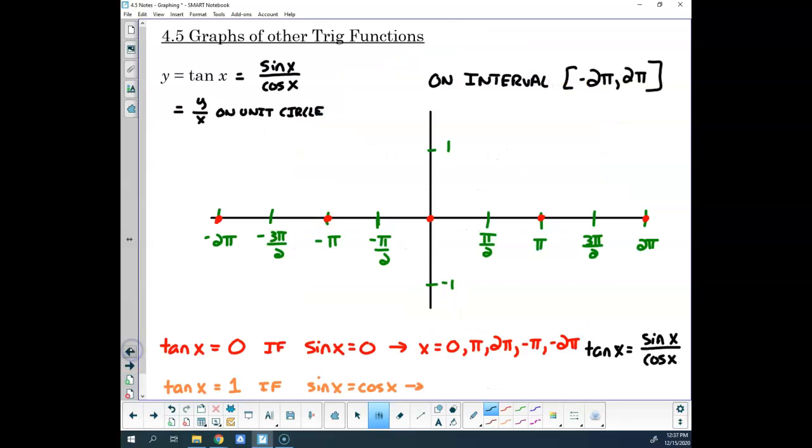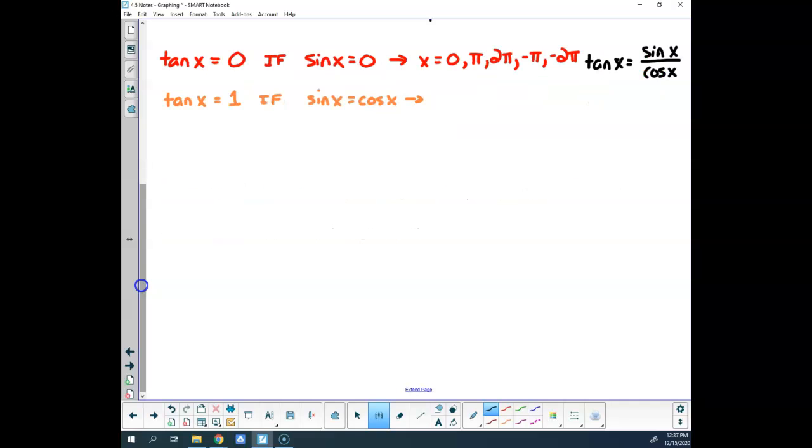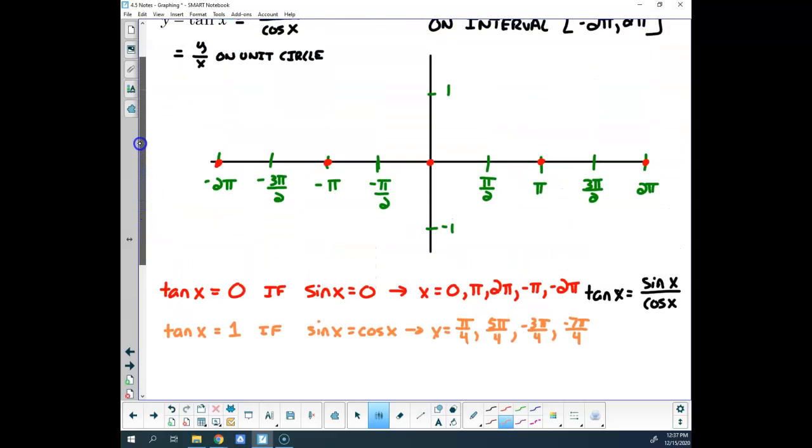So this tells me that tangent is equal to 1 at x equals pi over 4, 5 pi over 4, negative 3 pi over 4, negative 7 pi over 4. That's where tangent is equal to 1.